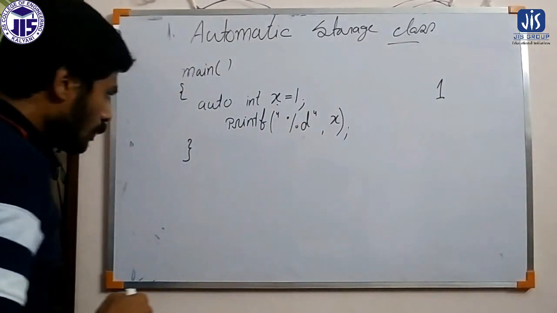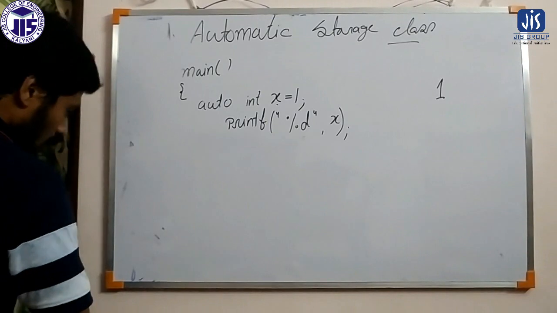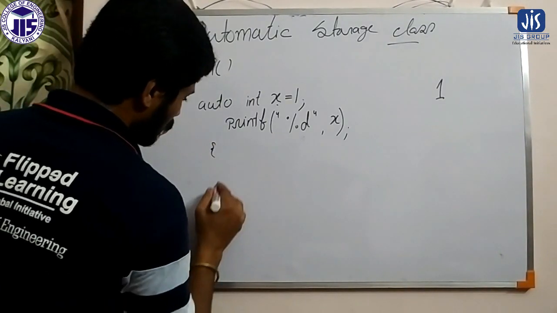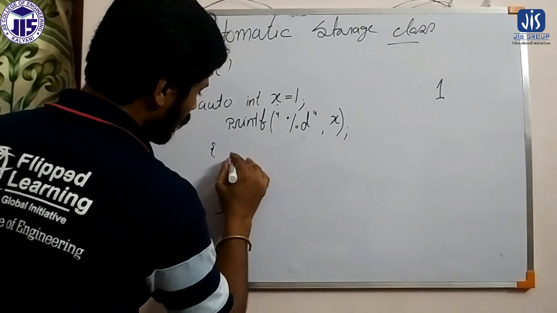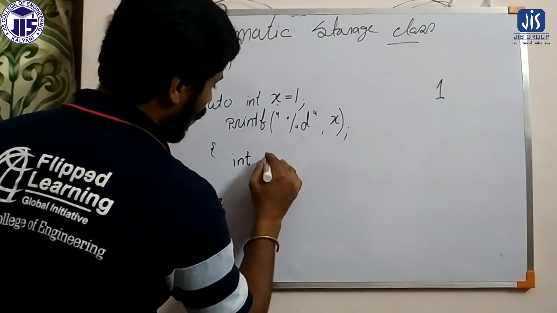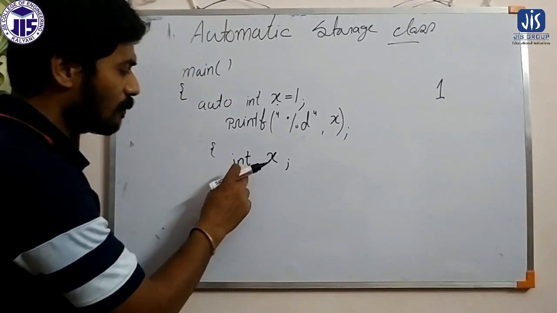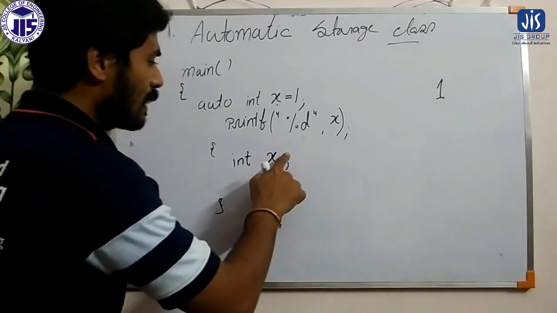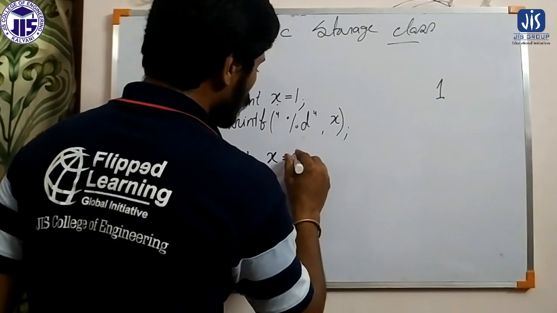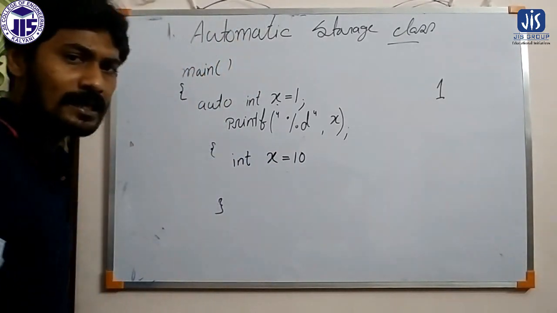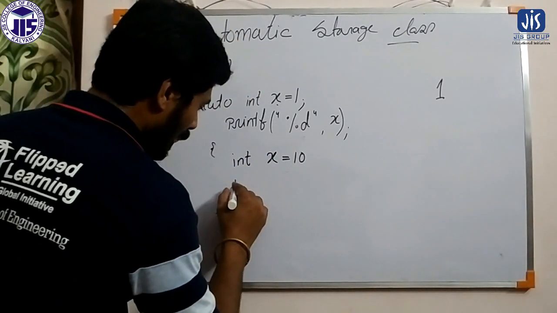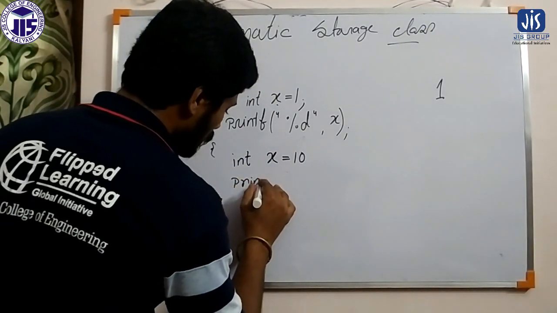Now, if I declare another variable with the same name here, and here I assign the value of x equal to 10, and again I print the value of x.